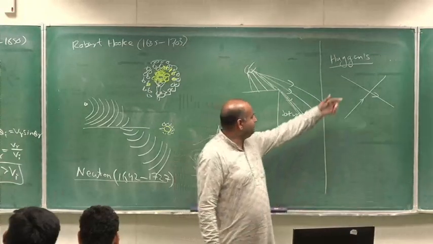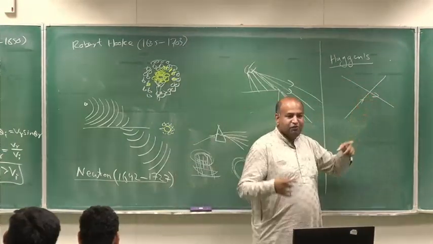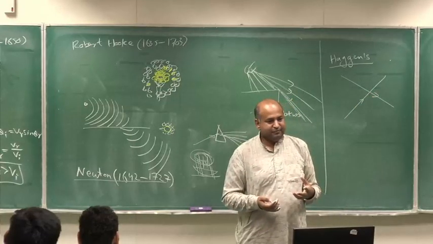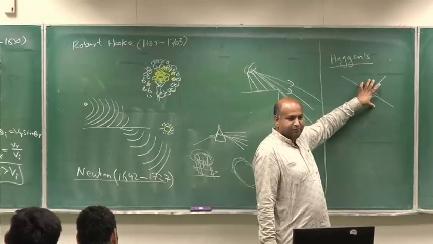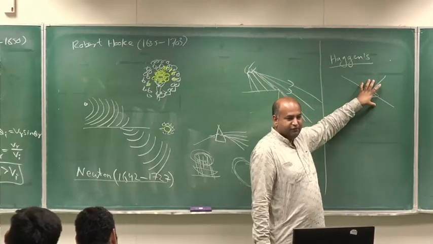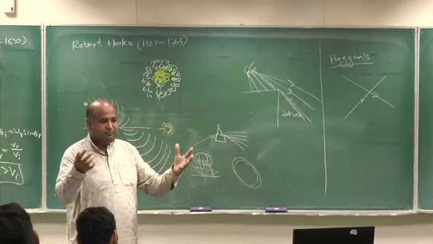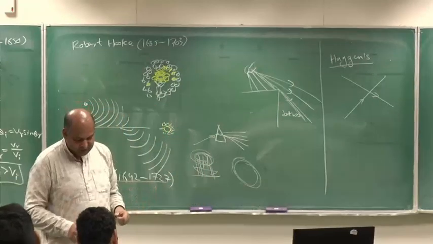Exactly. He says that if this is made of particles, why don't the two beams destroy each other? So that was his one big objection to the particle theory of light: why don't these particles collide and the beams get dispersed in every other direction?